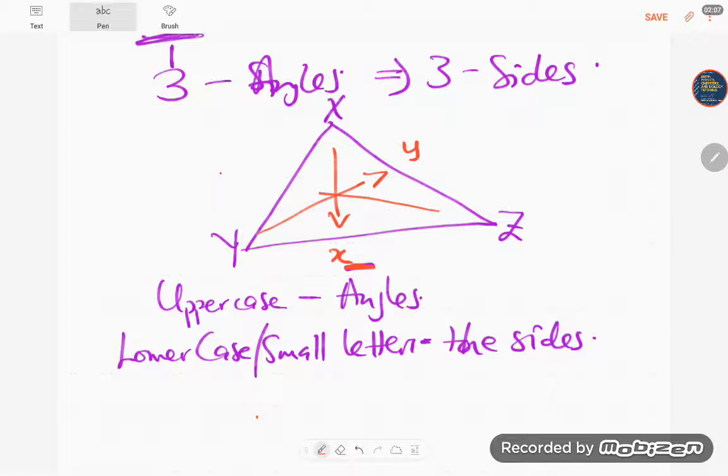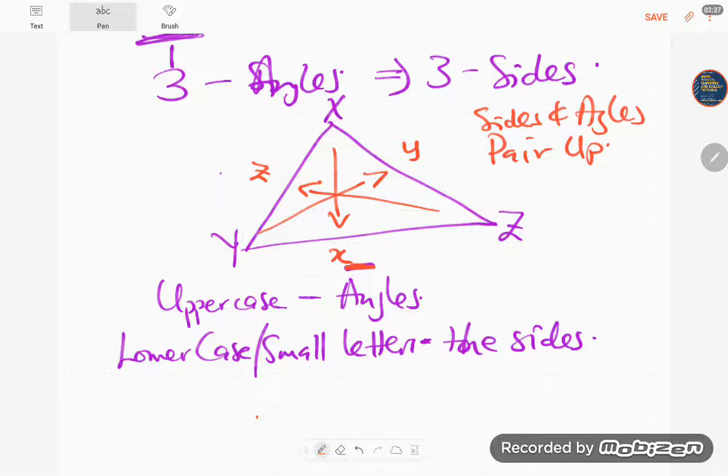And this side here is opposite the angle z, so that becomes a small letter z. So the way we denote sides is going to be via this method for all the other theories that we're going to be using. Notice how sides and angles pair up: what comes first is the angle, and then the side is denoted by the letter opposite the given angle.